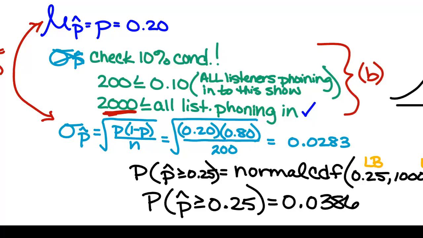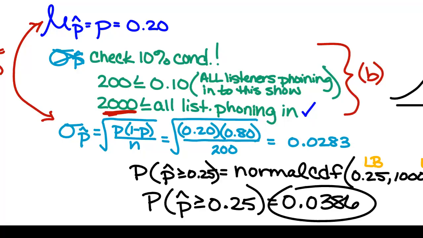The question says, does this provide sufficient evidence to suggest that the proportion of male callers has increased from 20%? This is the probability that we would get a p hat of 0.25 if the proportion of male callers did not change.